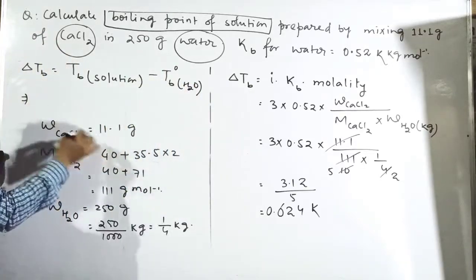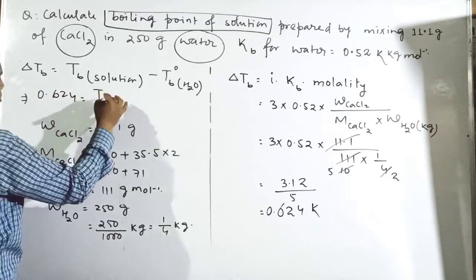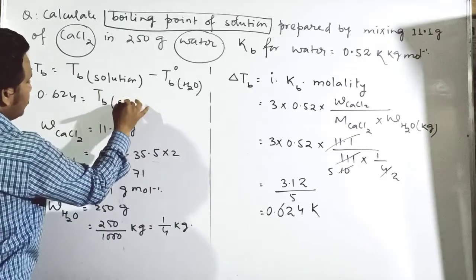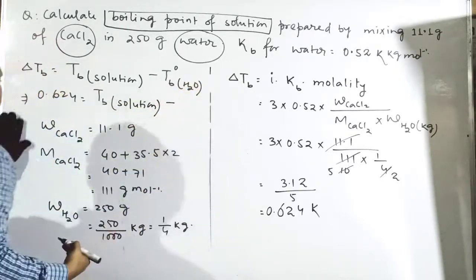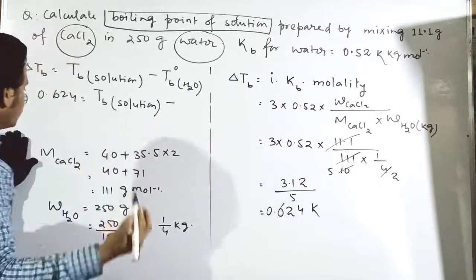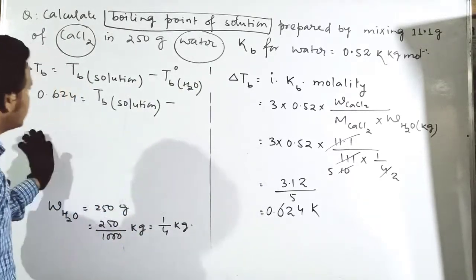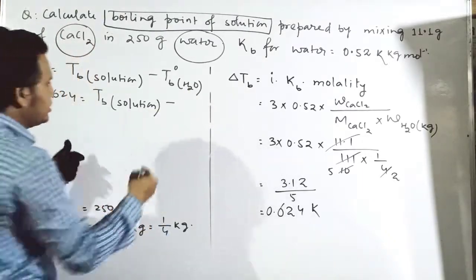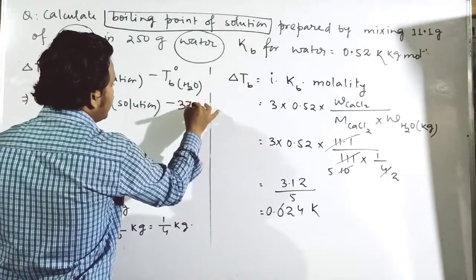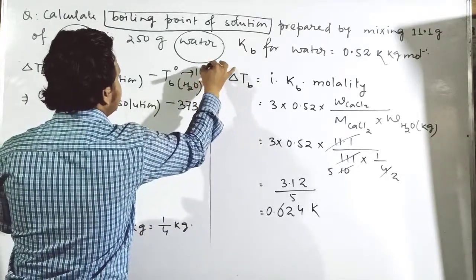What is del Tb? 0.624 is del Tb, given, and the boiling point of the solution we have to find. And the boiling point of pure water, what is its value? That is 100 degrees C, that is 373 Kelvin. This is for pure water, 100 degrees Celsius.